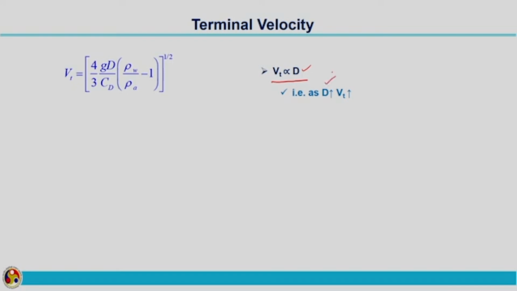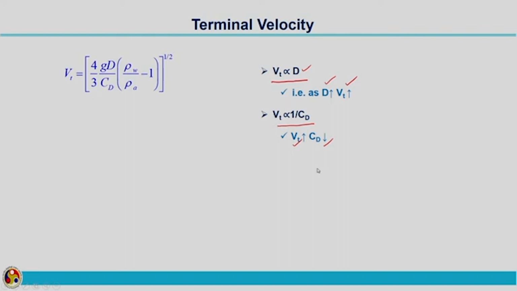As d increases, terminal velocity also increases. As Cd increases, Vt will decrease, or Vt increases as Cd decreases. So, these relationships you should understand.